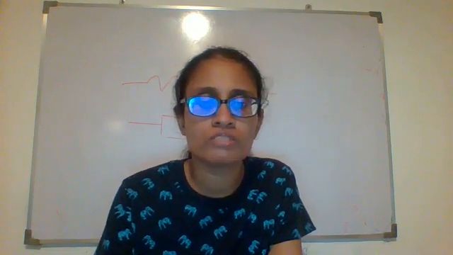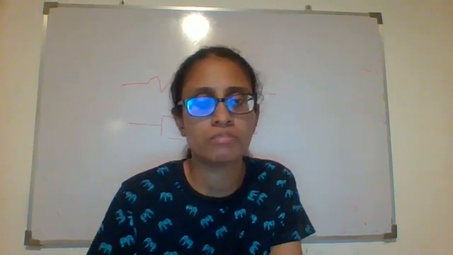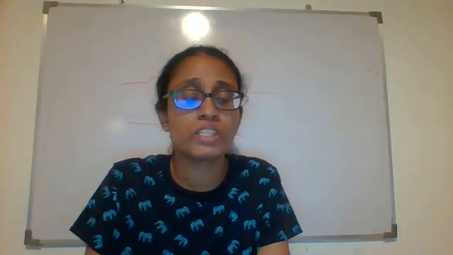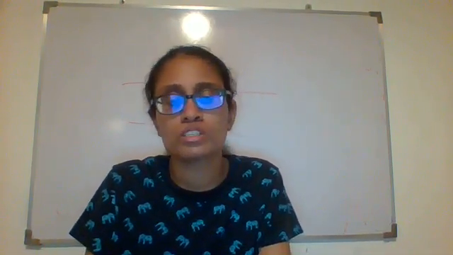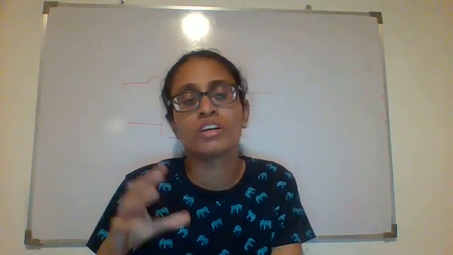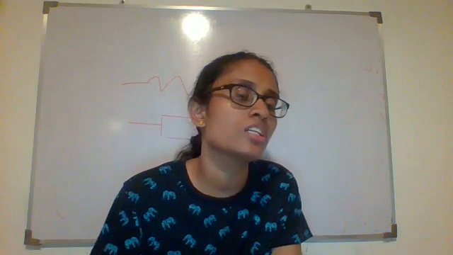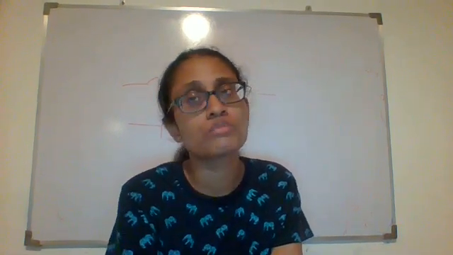For the tolerance value, it is fixed. It is a percentage. If it is brown, it's 1%. If it is red, it's plus or minus 2%. That means if the resistance is 100, it can be either 102 or 98. Red is 2%, gold is 5%, and silver is 10%. No fourth color band represents 20%.